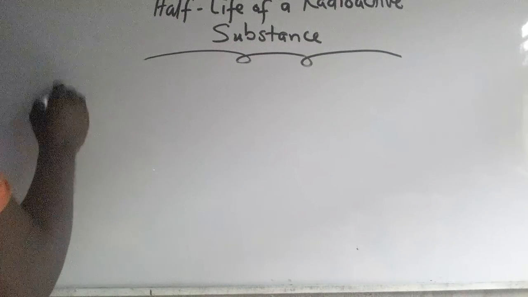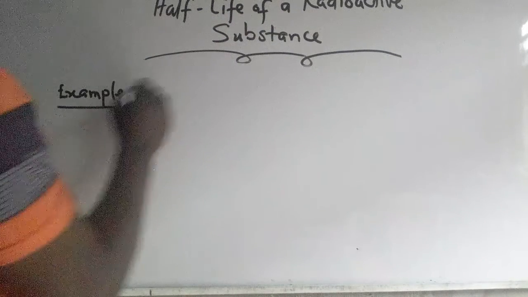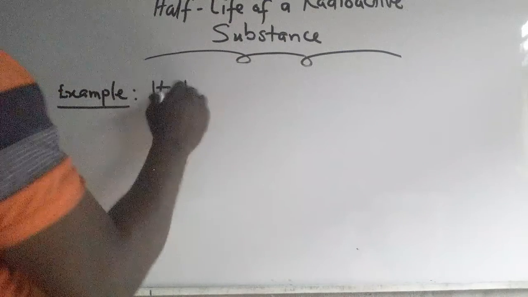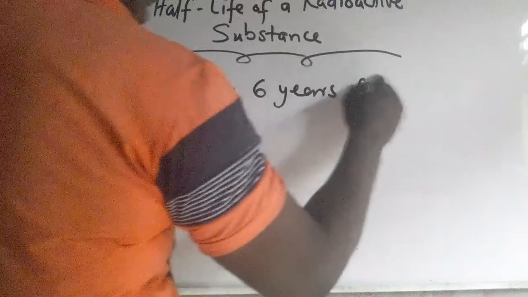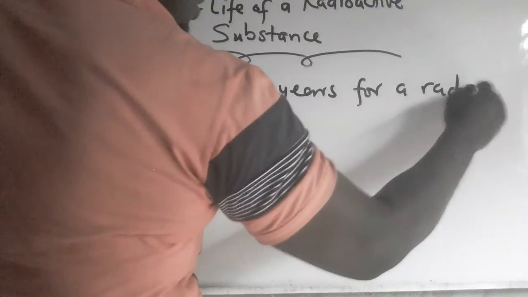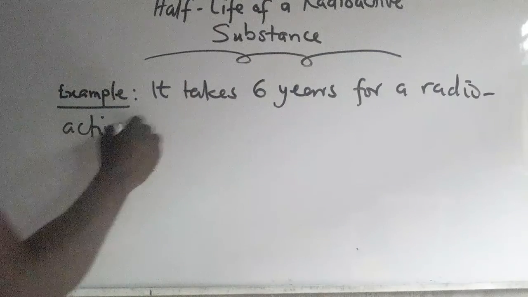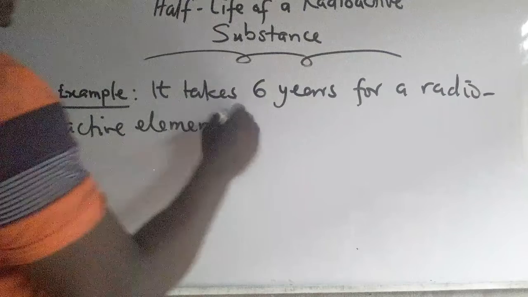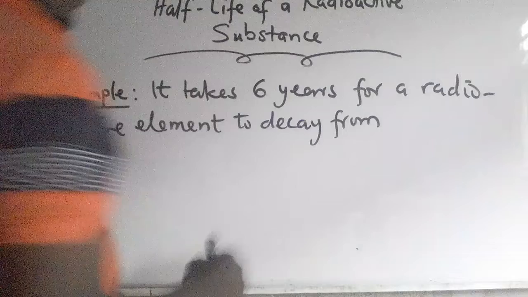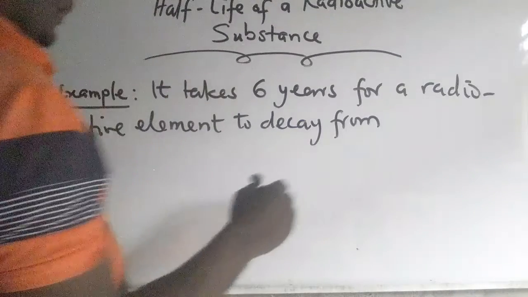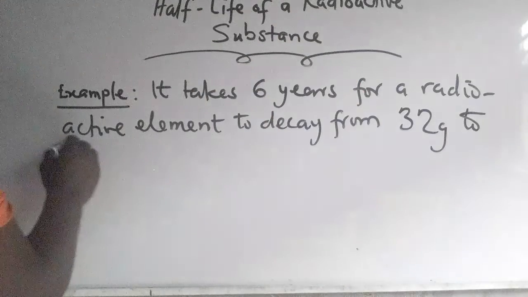We take the first example. It takes 6 years for a radioactive element to decay from 32 grams to 4 grams.